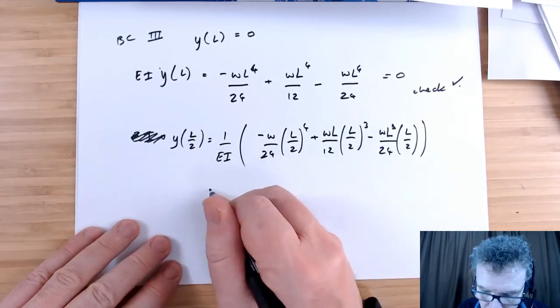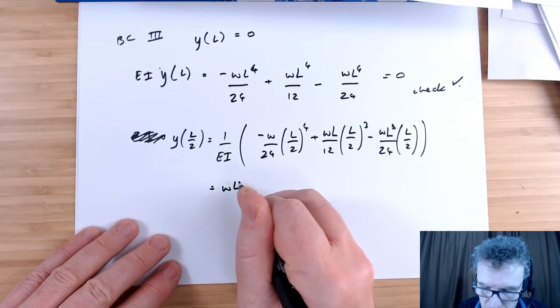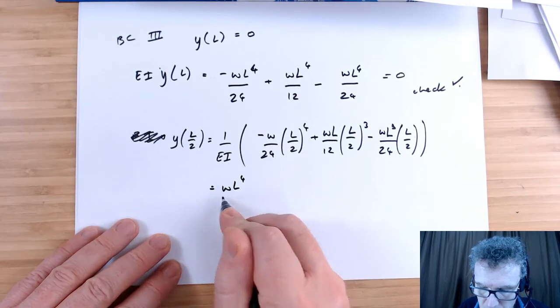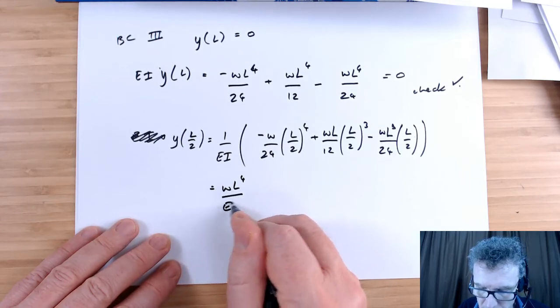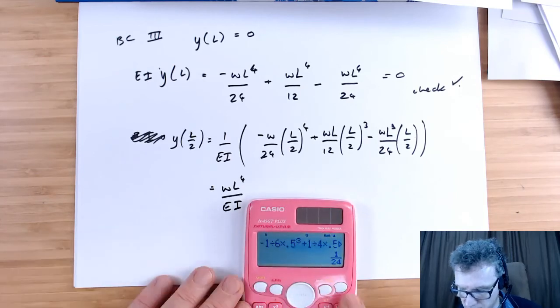So now we've got W L to the power 4 over EI. Let's put the rest in our calculator.